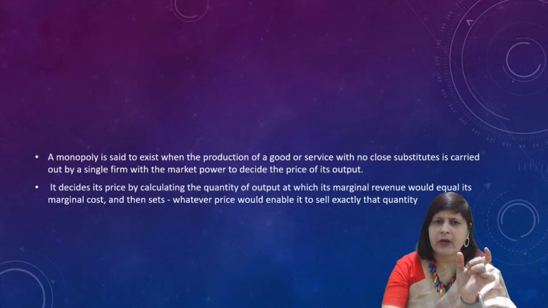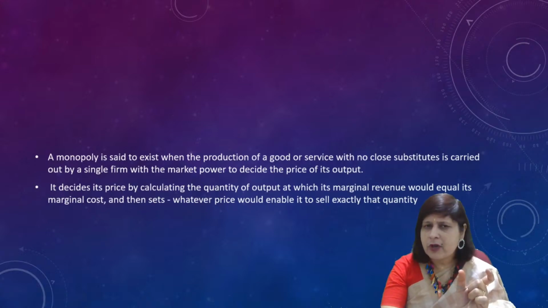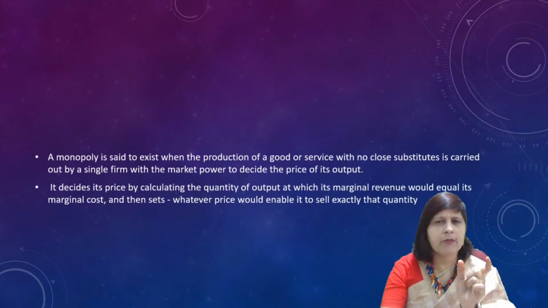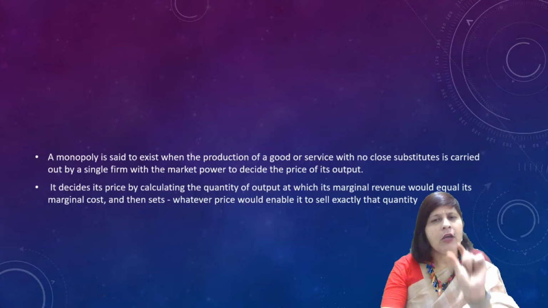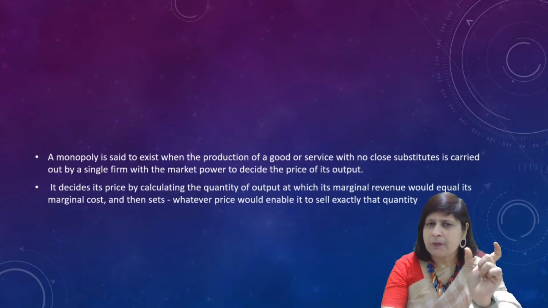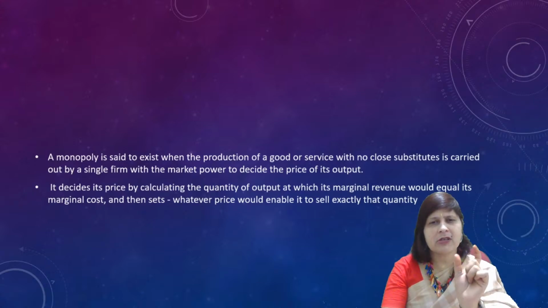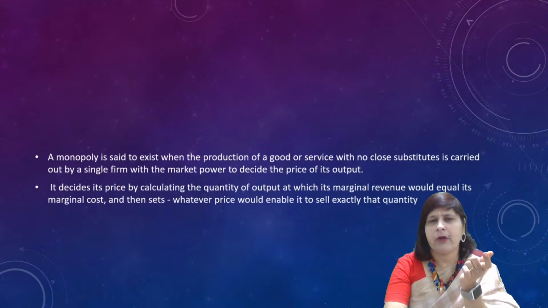In a perfect competitive market, substitutes are available. There are no barriers for new entrants, and because there are no barriers for new entrants, you cannot keep the price of your product on the higher side. That is the perfect competitive market. Monopoly market is when there is no close substitute available for your product or services, and there are various barriers for new entrants.